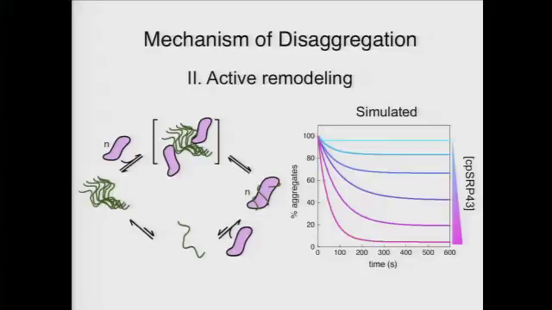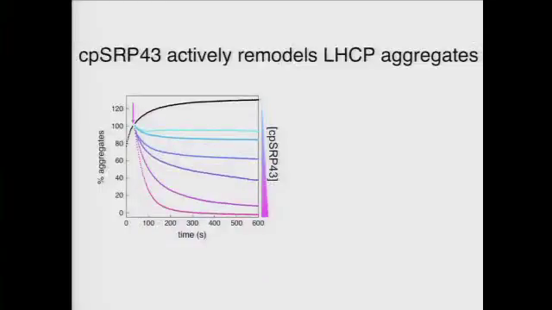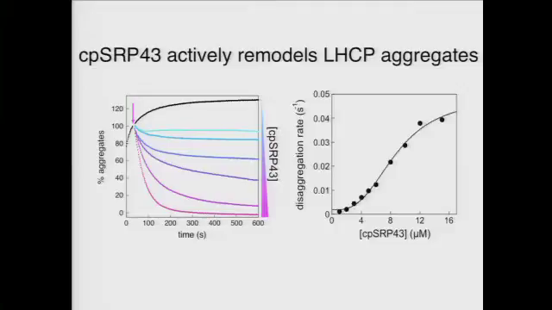So here are the predictions, and that's the data. You'll probably agree with me that the data looks very much like this chaperone is acting actively. And we got something even better than that. If you plot how fast this aggregate is cleared as a function of how much chaperone we're throwing in, you get these nonlinear dependencies that we call cooperativity.